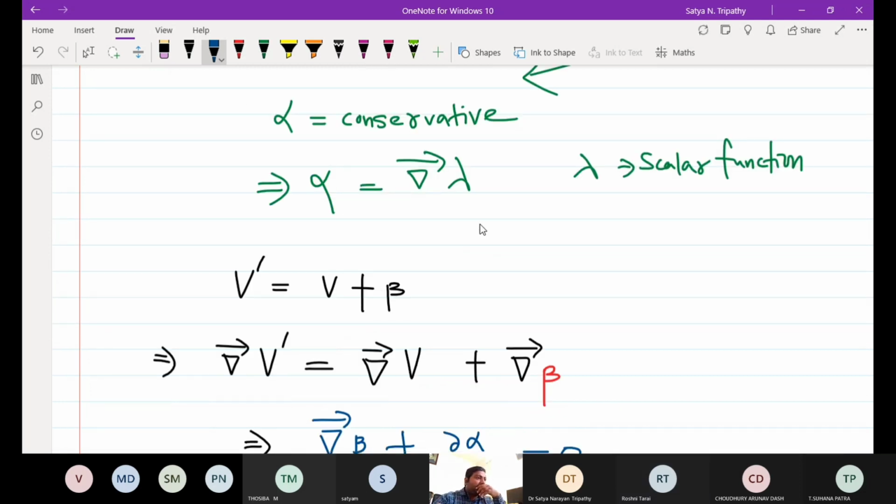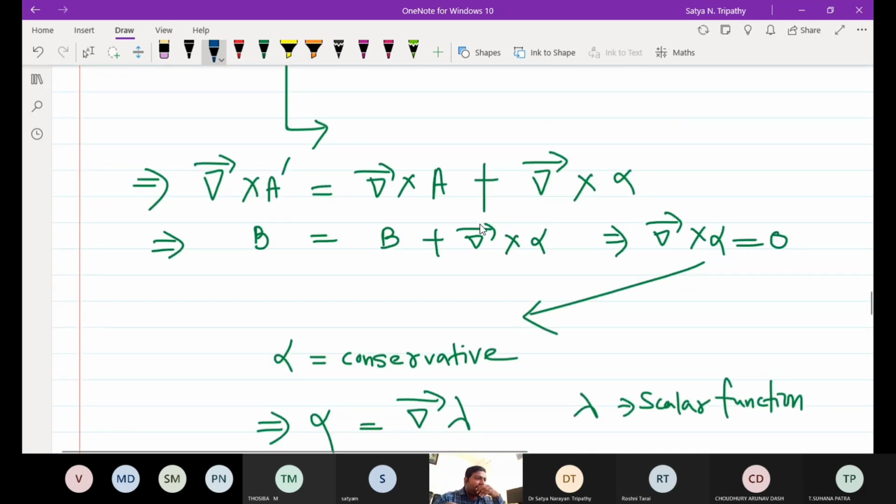Yes, so I'll go from the beginning. Here del cross A dash is there, so this gives rise to the same magnetic field. So del cross alpha is equal to 0. Alpha is a vector, so this is a conservative one, and we can express a conservative vector as the gradient of a scalar function. Always remember this.